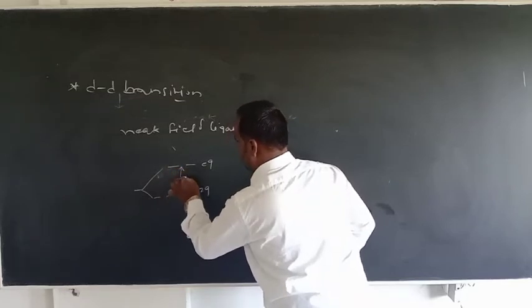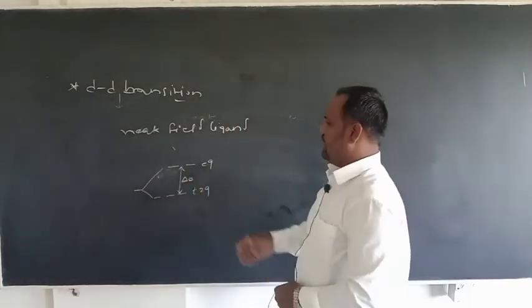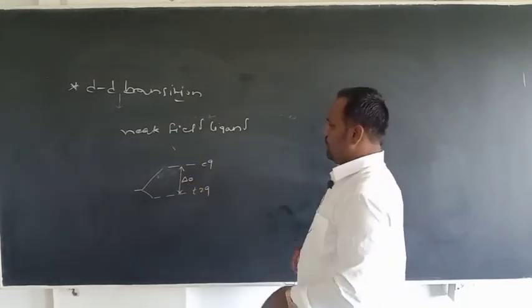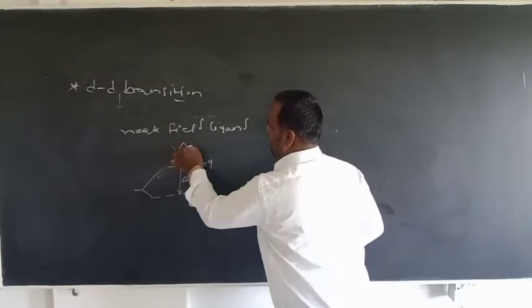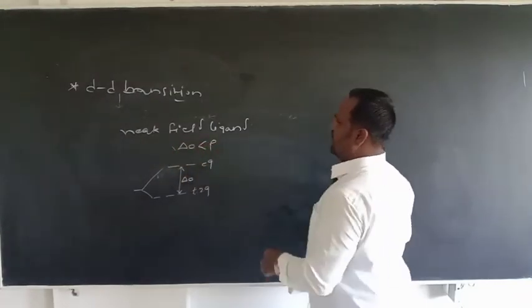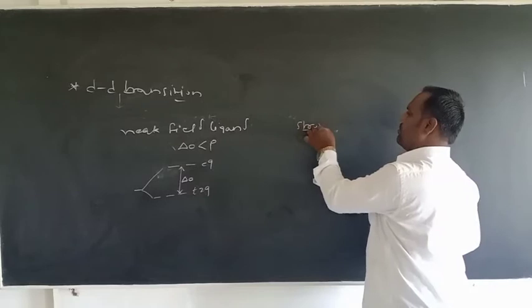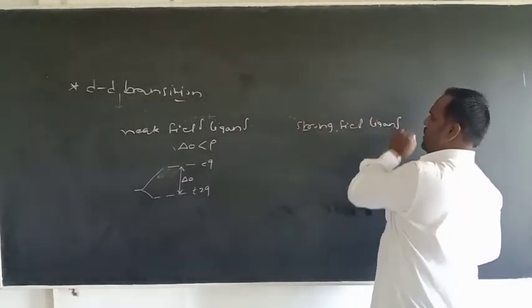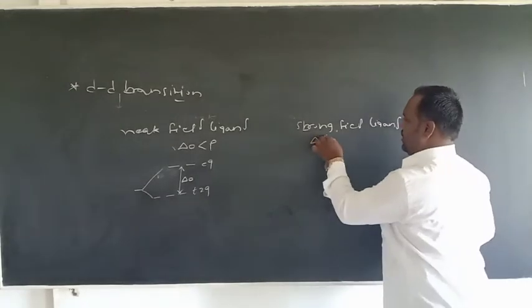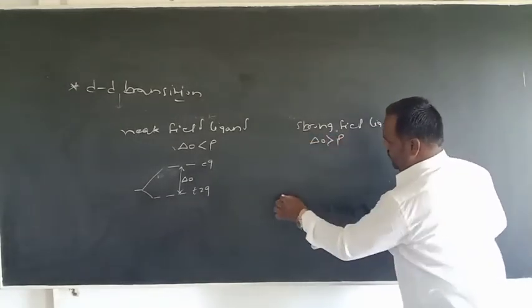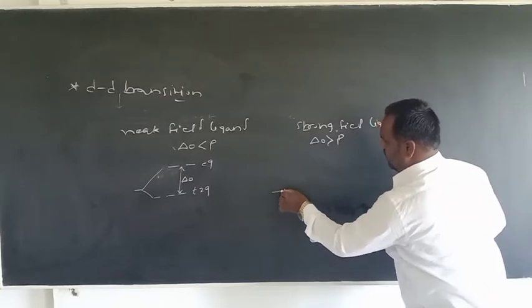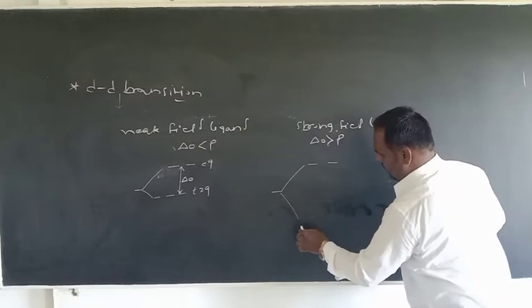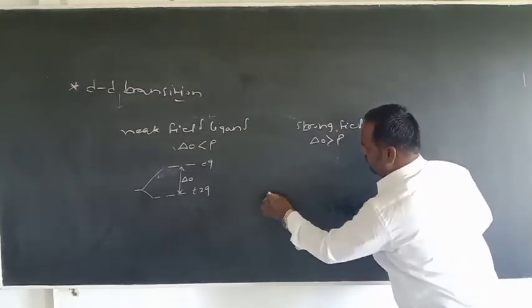The gap, the energy difference between these orbitals, is considered delta octahedral. In this case delta octahedral is less than the pairing energy, while in a strong field ligand delta octahedral is greater than the pairing energy. So we can write here that it shows a large difference.